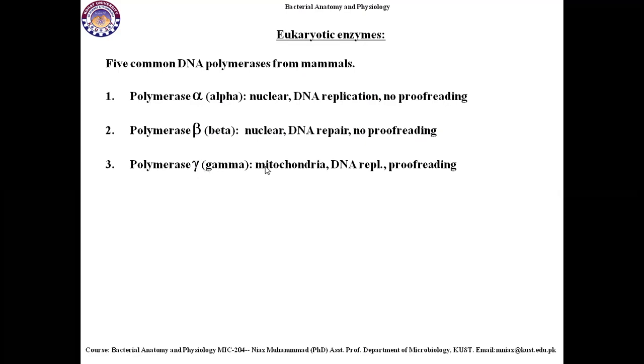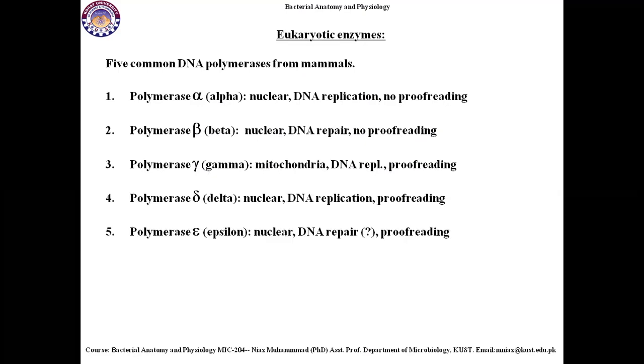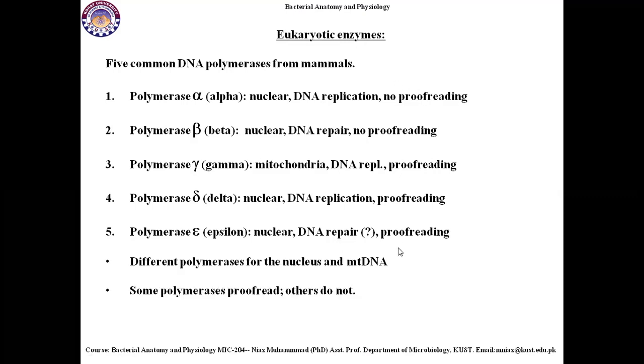Polymerase gamma: mitochondrial DNA replication with proofreading. Polymerase delta: nuclear DNA replication and proofreading. Polymerase epsilon: nuclear DNA repair with proofreading. DNA repair is the question, but proofreading is being done.